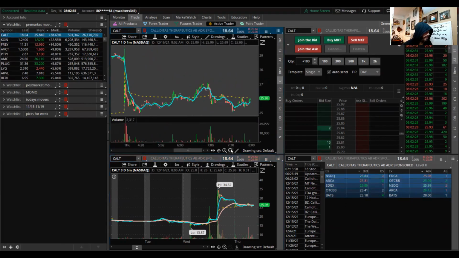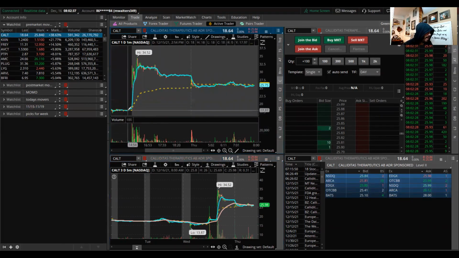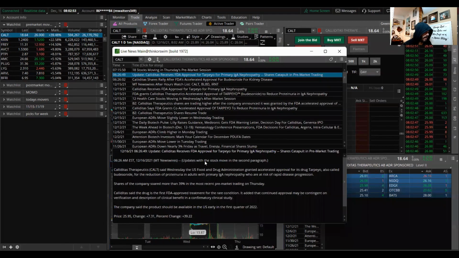So this one has a great headline, and it ripped up. I mean, a move from 17s to 34. So it basically doubled in the after hours because of this great, I think it was a phase 3. Anyway, the FDA approved one of its drugs.